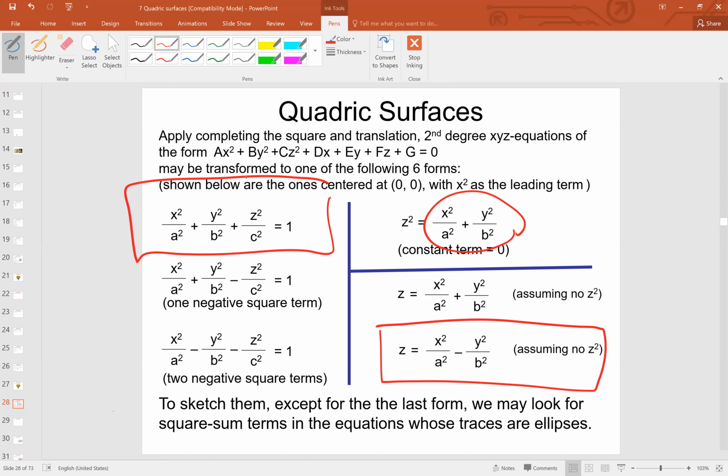This is the most important, the most fundamental one. That's a sphere or ellipsoid, the closed one. Notice they all have a sum of squares, even this one, because if I move these parts to the other side, you can manipulate this into y squared over b squared plus z squared over c squared equals x squared over a squared minus 1.